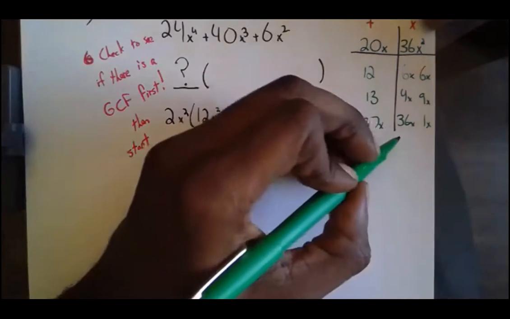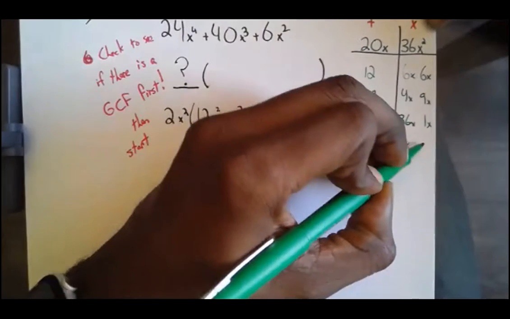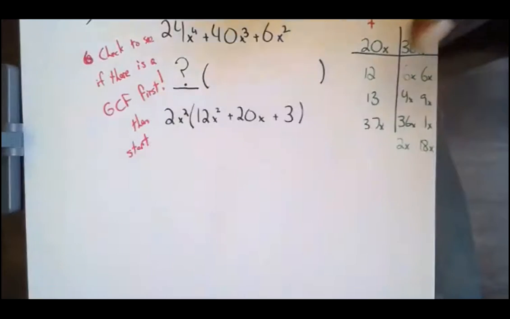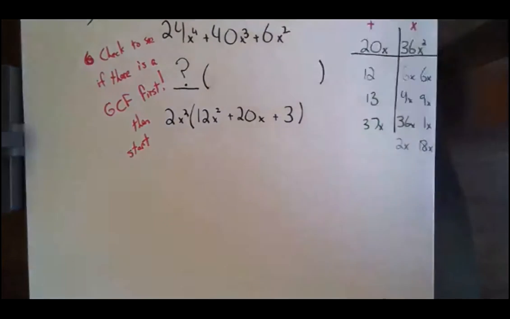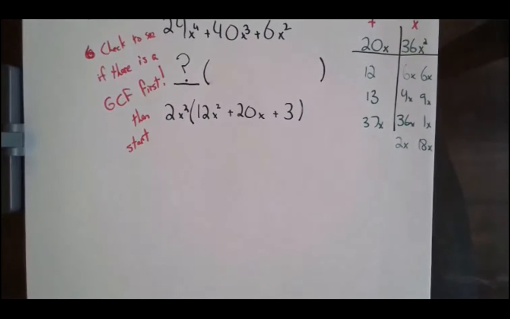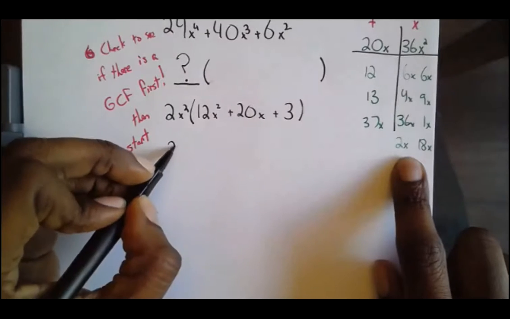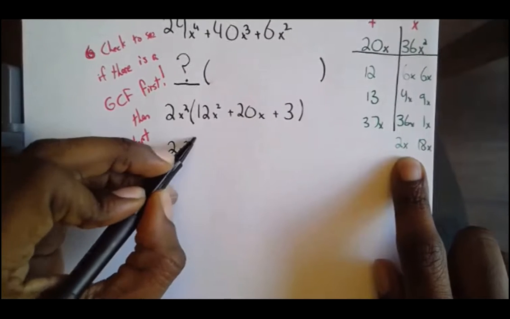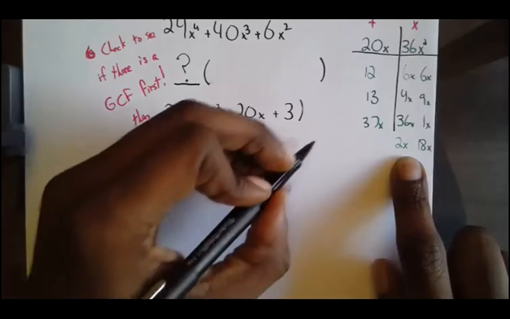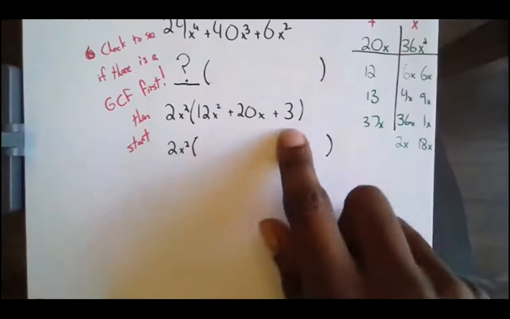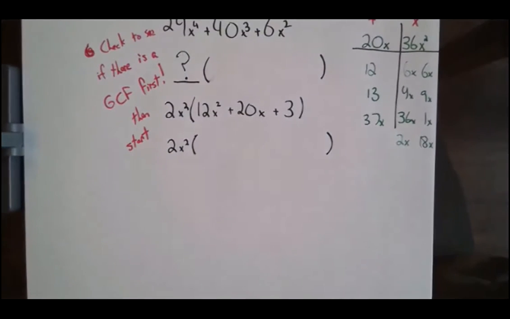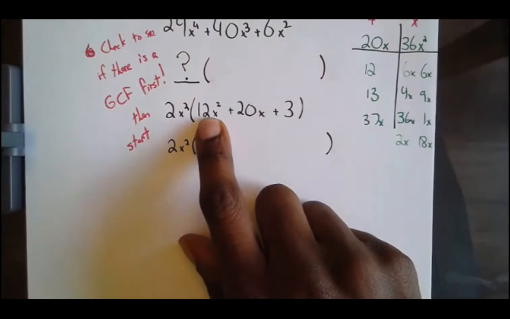That's right. 2x and 18x. All right, so now comes the difficult part. What do we do next? Yes, we have to take this from 3 terms to 4. And I have to figure out what number to put by the 12.